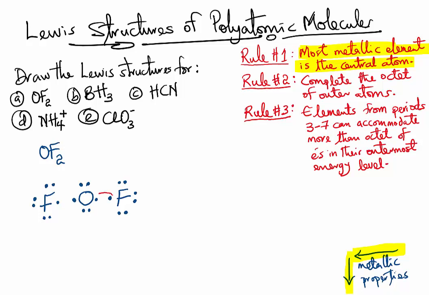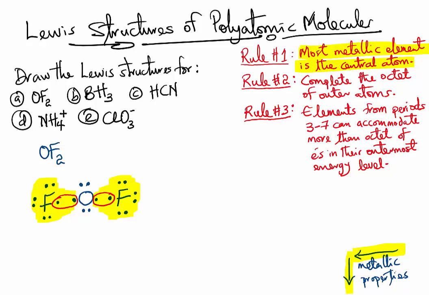If fluorine shares 2 electrons with the central oxygen, and that goes for the second fluorine as well, and you look at the fluorine atom, you will see that the fluorine now has 8 electrons around it, so the octet is complete. The same thing goes for the other fluorine atom. It now has 8 electrons in its outermost energy level.